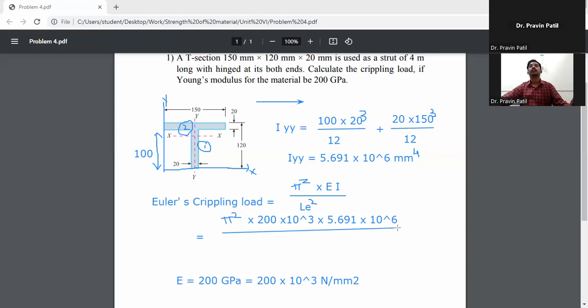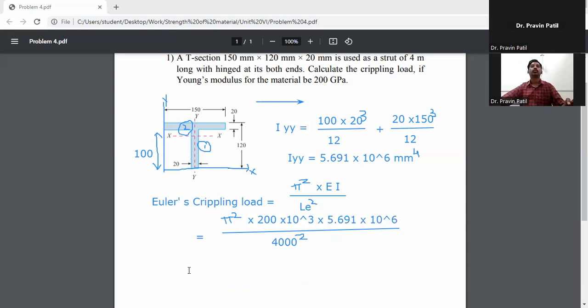L is 4 meter, converted to mm it is 4,000 mm square. So we get Euler's crippling load.